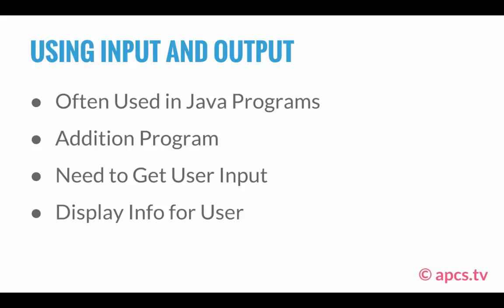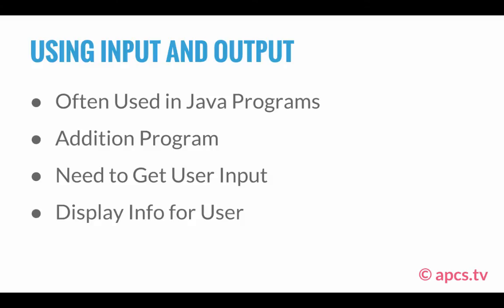So now this brings up a very important topic, and that is, where are input and output used? As we know, computers are often interacting with us, almost every program has some human interaction involved, and we often need to display things or input things. We'll be showing you an example addition program later in the course where you'll be taking user input, adding the numbers together, and outputting the sum.